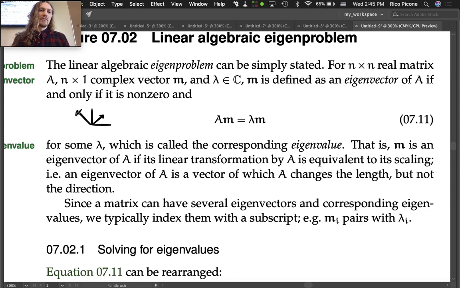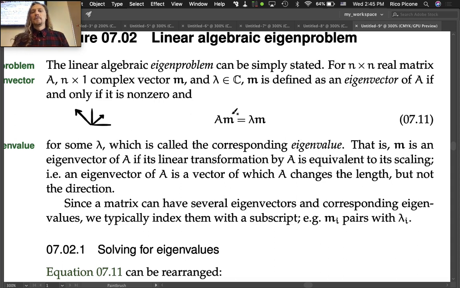So you could operate on it and it could become a longer vector or a shorter vector and in a totally different direction. Okay? So typically when you do this matrix vector multiplication, that vector not only gets scaled, it also changes direction.